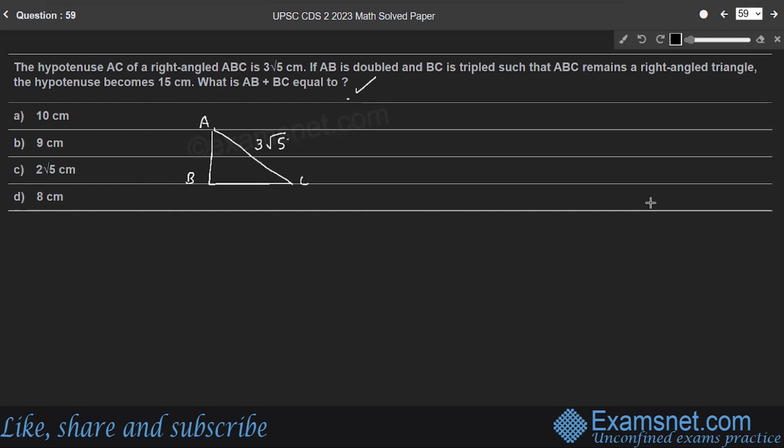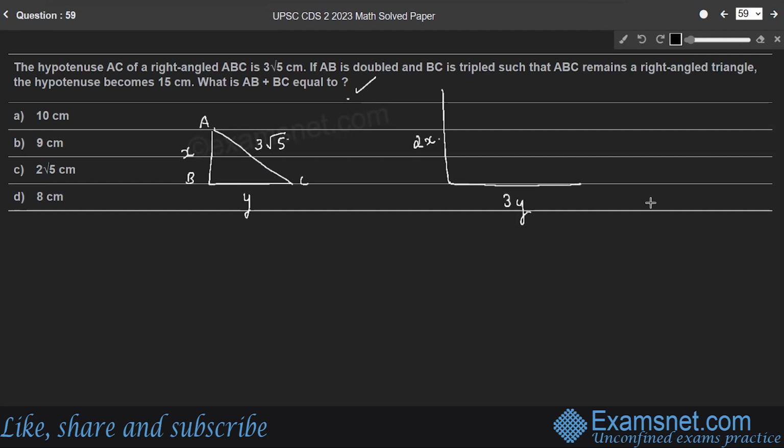So in the other triangle, when AB is doubled, if X is the original AB, it becomes 2X. And BC is tripled, so if BC is Y, it becomes 3Y.